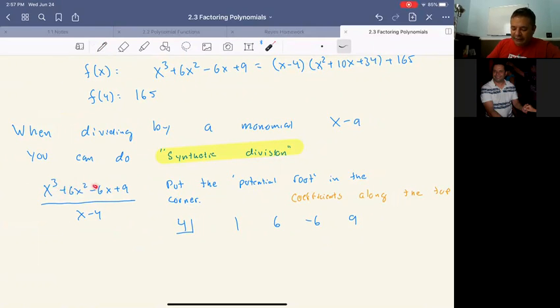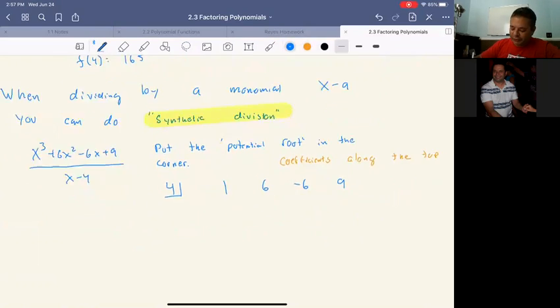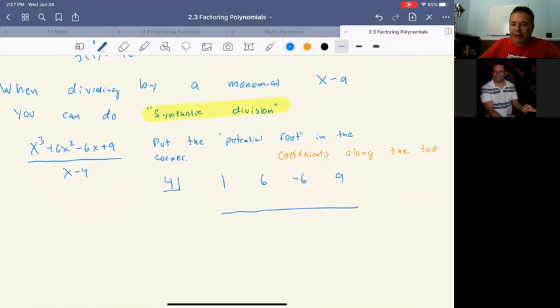So if this didn't have an x term, you would have to have a 0 there. This one doesn't have that problem, so we'll be fine. This first one just comes down.